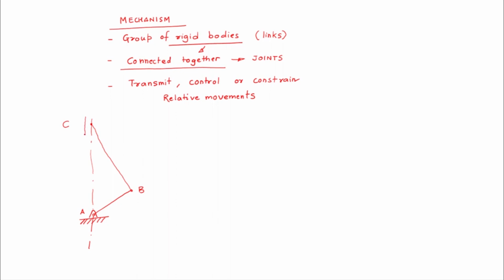And at the end of the link BC, that is point C, is connected to a block. The block can slide, it can reciprocate. We are calling that block a slider.